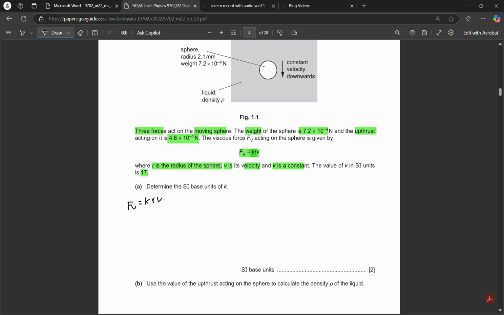Why? Well, we understand that Fv, the radius, and the velocity are kind of given to us already in terms of their units. I'm going to start with force right here.